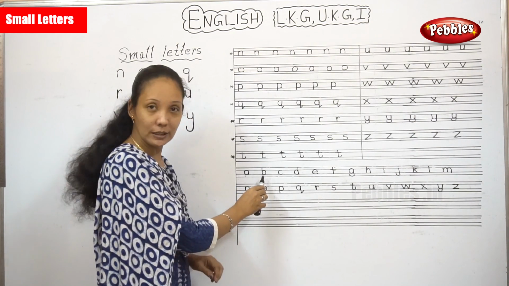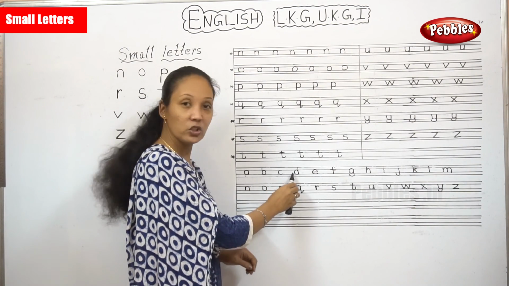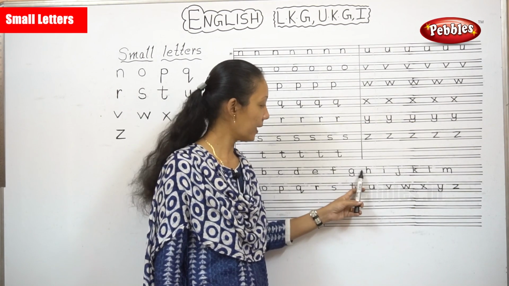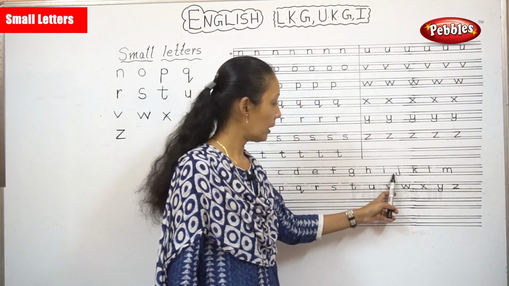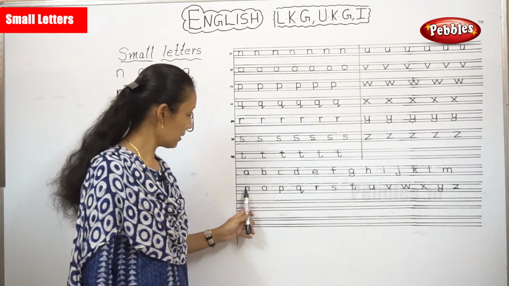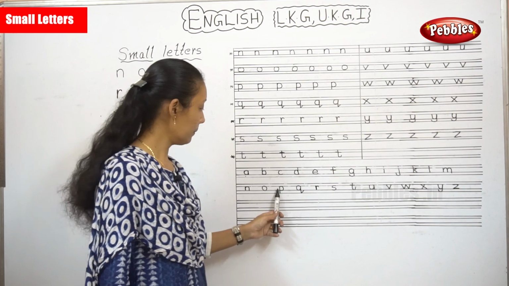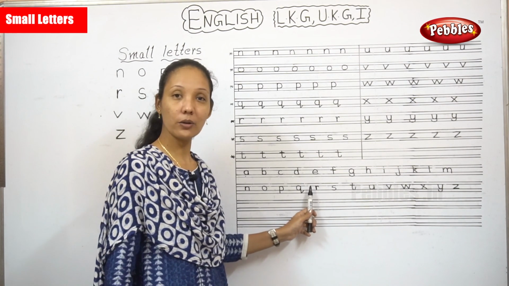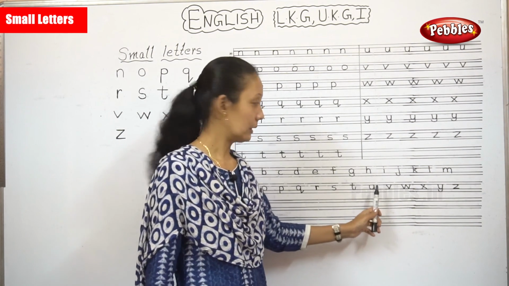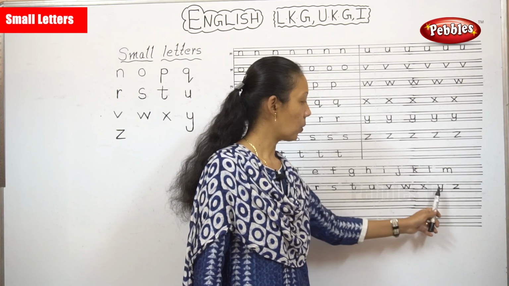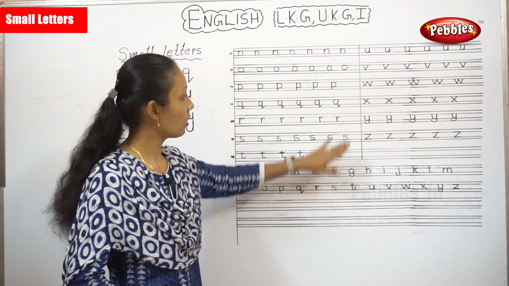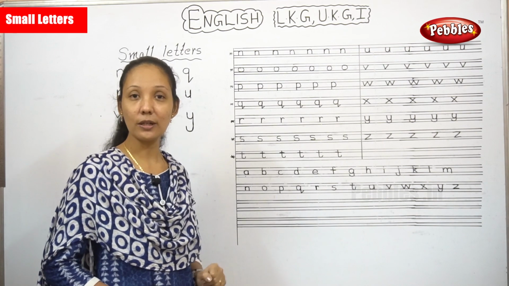A, B, Z. Okay, so now you learned all your small letters, and how to write your small letters in the 4 line.